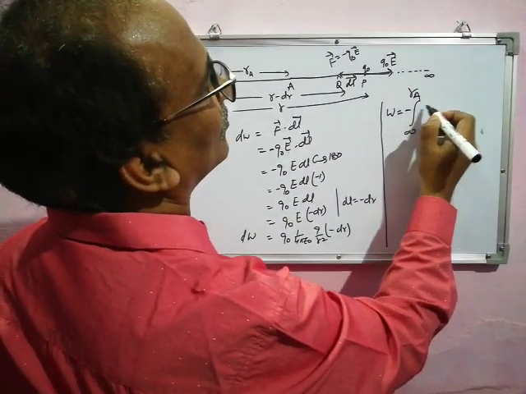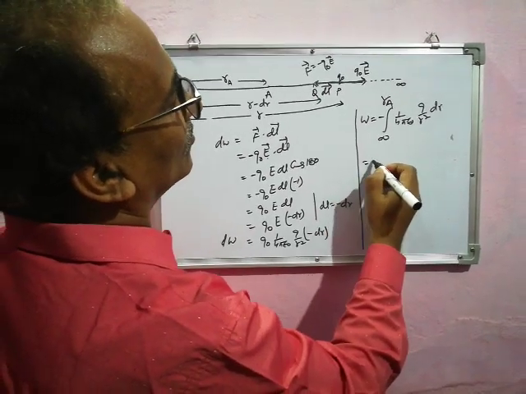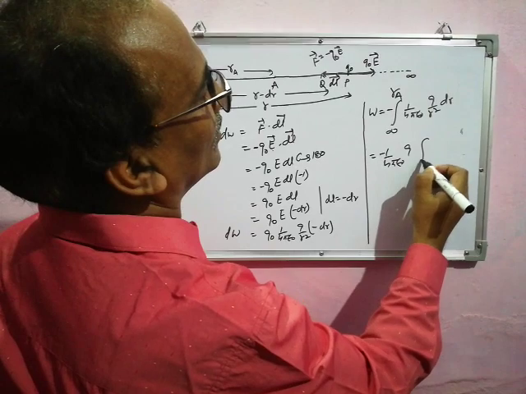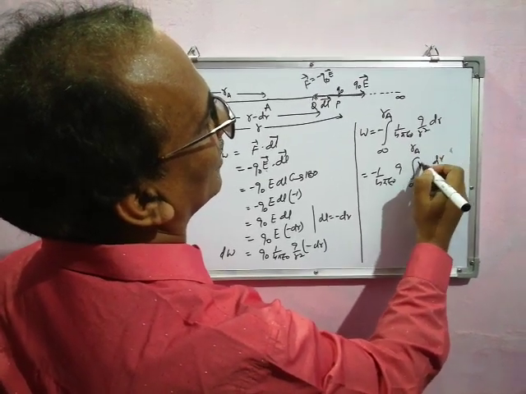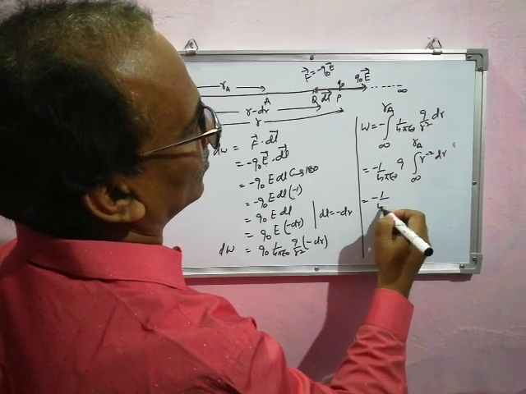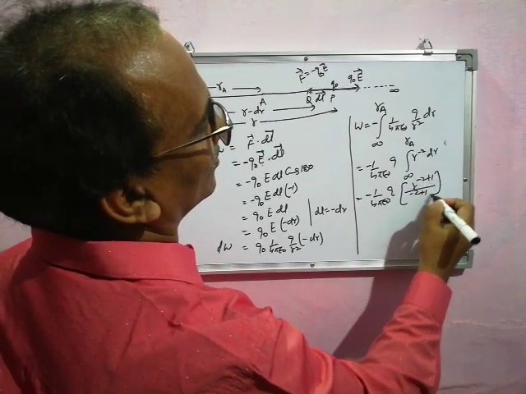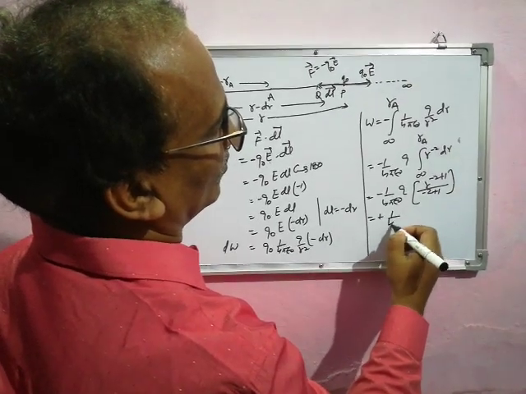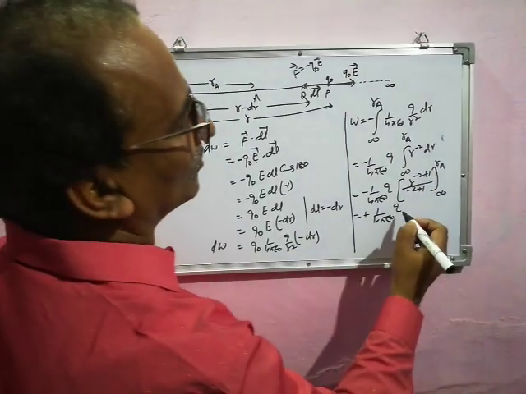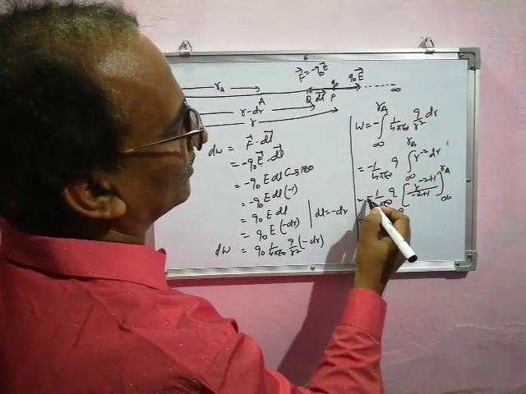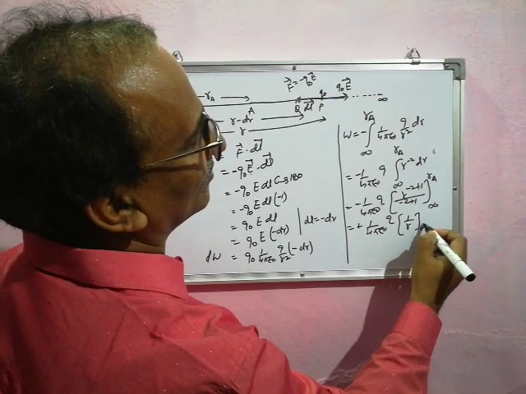It becomes equal to minus 1 by 4 pi epsilon naught Q by r square into dr, which is equal to minus 1 by 4 pi epsilon naught Q integral of r power minus 2 dr. It is equal to minus 1 by 4 pi epsilon naught Q times r power minus 2 plus 1 divided by minus 2 plus 1, and the limit is from infinity to R. So this is 1 by 4 pi epsilon naught Q, and the minus 1 when multiplied by minus becomes positive, and r to the power minus 1 is 1 by R, with limit from infinity to R.